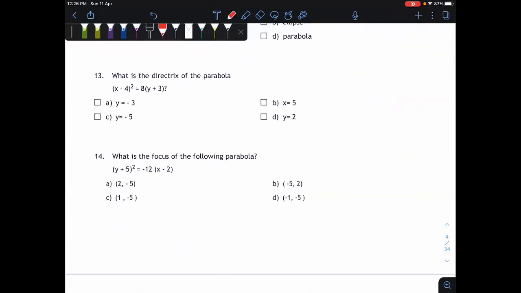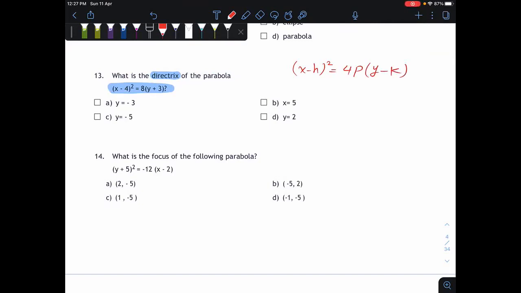Number 13. What is the directrix of the parabola? We said the equation is (x minus h) all squared equals 4p times (y minus k).